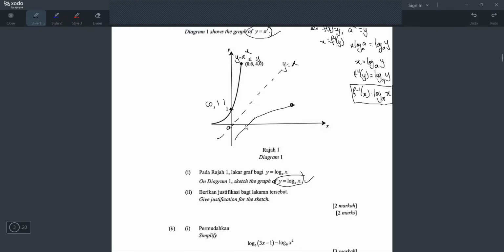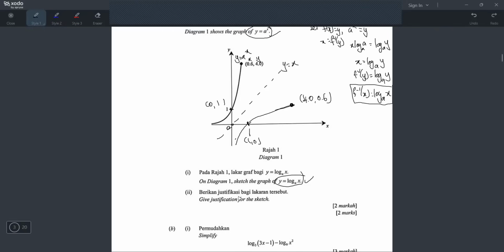So this one is (1, 0), and then this one is (4.0, 0.6), right? So like this. I think it's good enough. Just make sure they are the reflection of each other on this line, the y equals x line, right?